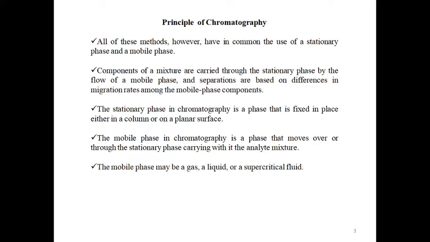This is like comparing two people when they are running. If one person is 100 kg and the other is 50 kg, the 100 kg person will take more time to complete a certain distance and the 50 kg person will take less time. This is how the principle of chromatography also works. It is based on the differences in the migration rates.